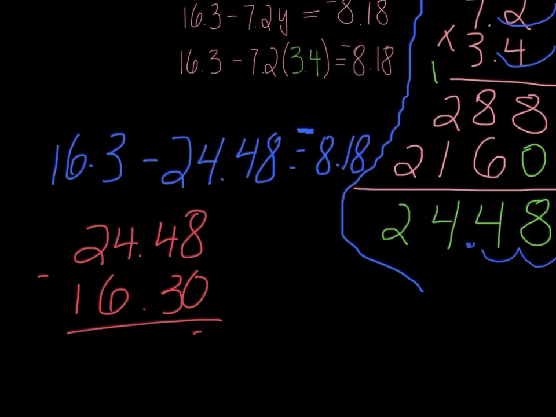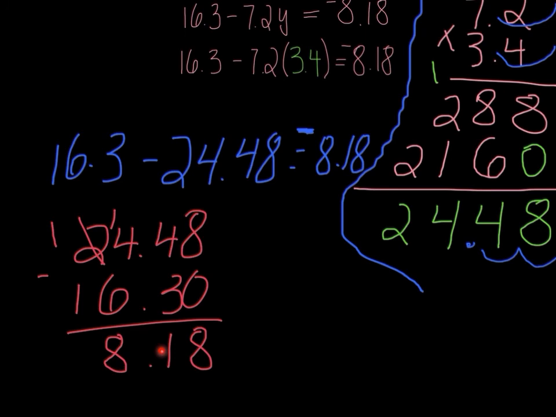So when I do that, I get 8. 4 minus 3 is 1, bring down my decimal point. 4 minus 6, I need to borrow from the tens place, so my 2 becomes a 1. Now I have 14 ones. 14 minus 6 equals 8, and then 1 minus 1 is 0. So the difference between 24 and 48 hundredths and 16 and 3 tenths is 8 and 18 hundredths.